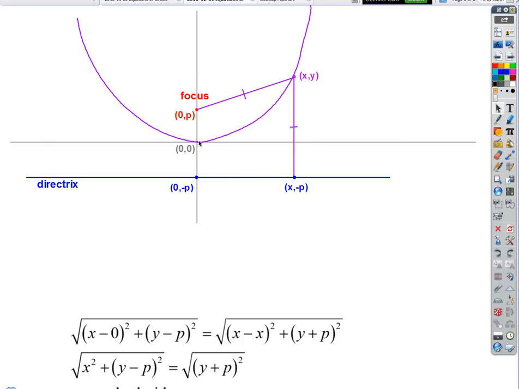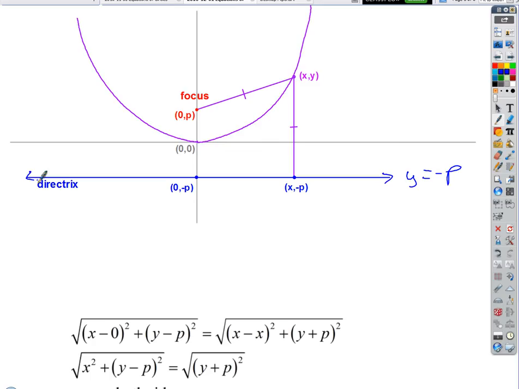And so we know then that the point directly opposite the focus is going to have coordinates 0, -p, right? So the directrix would really be the line with what equation? y equals what? -p. Okay, that's the equation of that line, right?